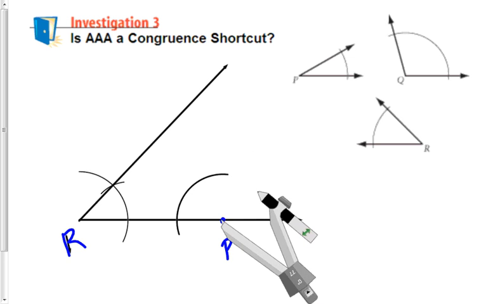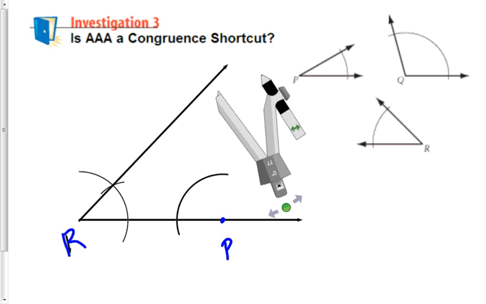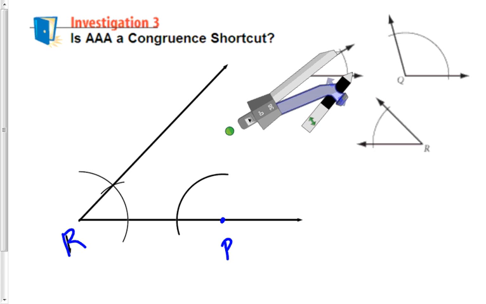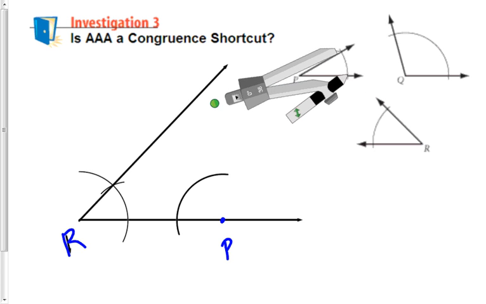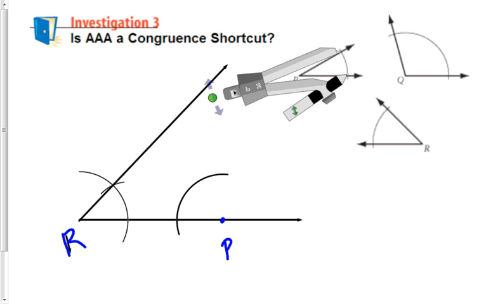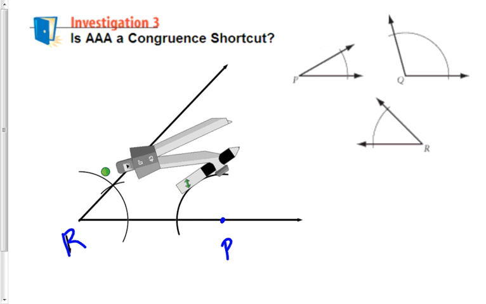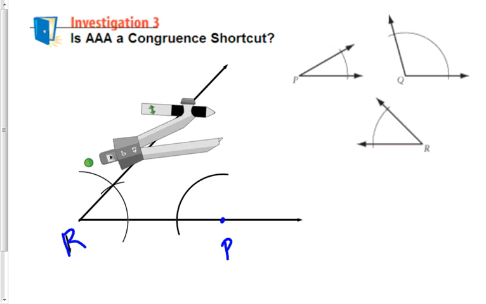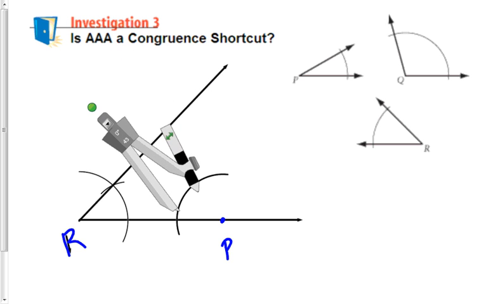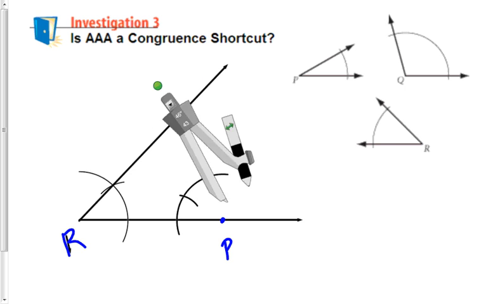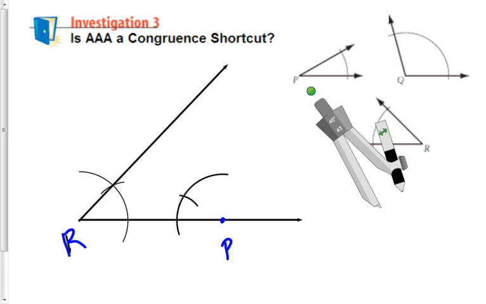Now I'm going to measure the opening of angle P. And I'm going to bring this down here, put my compass on the intersection there, strike that arc, and now I can draw in the second ray of angle P.